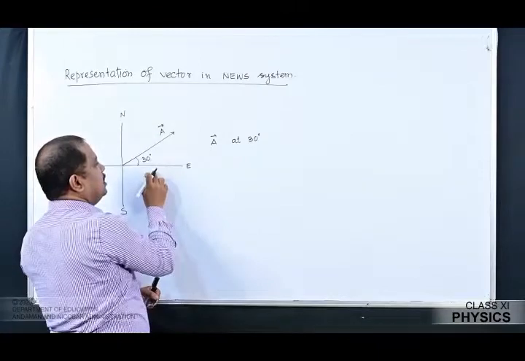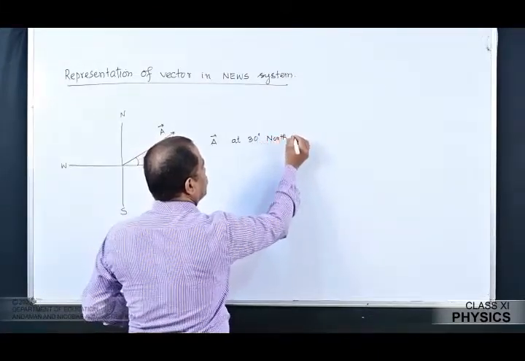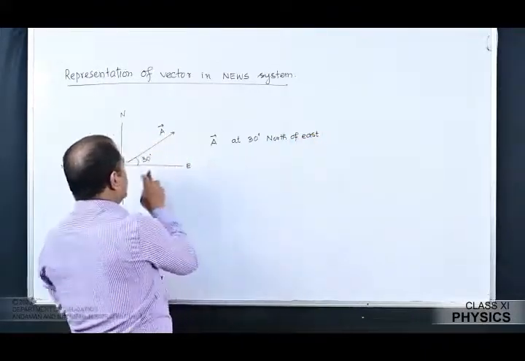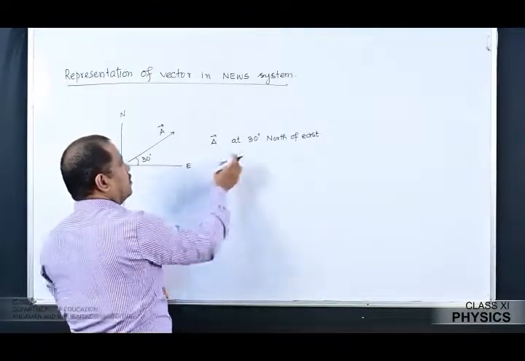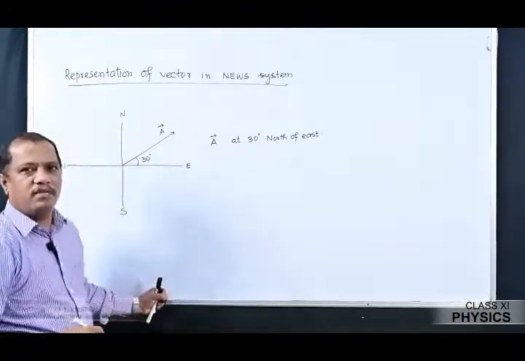North, from the east. So I would say 30 degree north of east. So what do I mean? With respect to east direction, 30 degree northwards if I say, then I would be properly locating my vector.